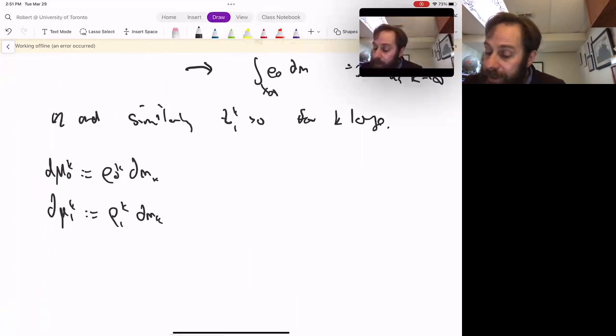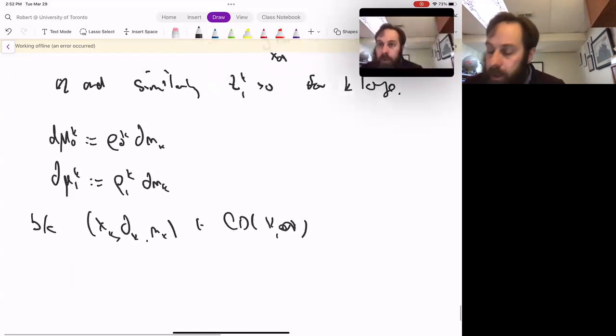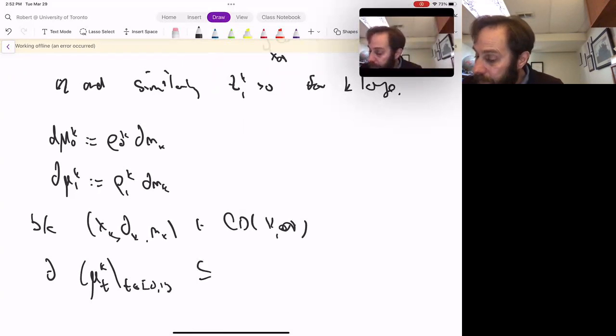And then I want to look at, because xk, dk, mk is a CD(K, infinity) space, there exists a geodesic mu tk, t going from 0 to 1 in the probability measures on xk.